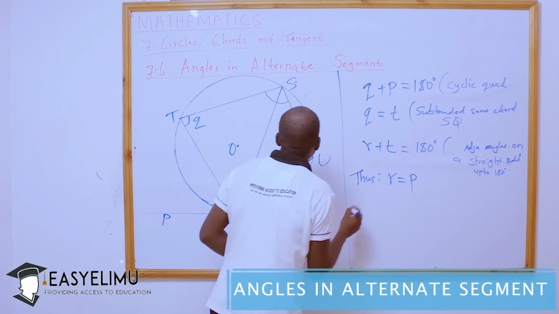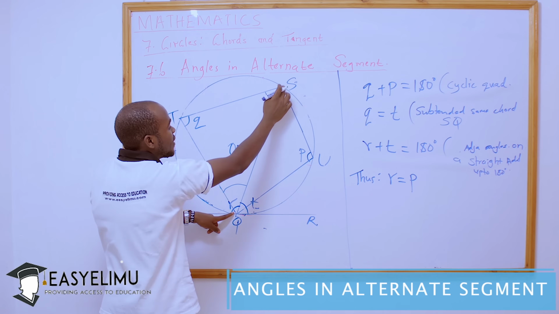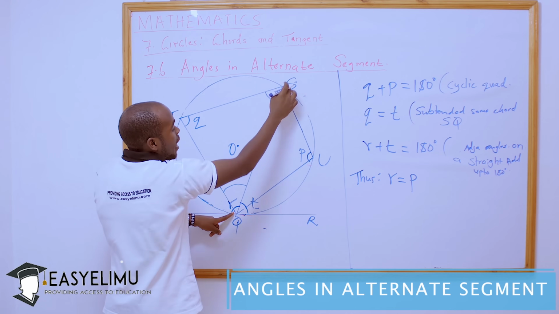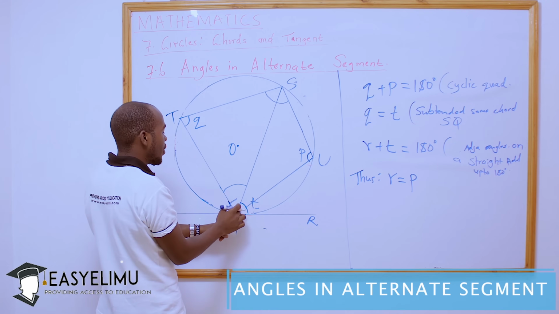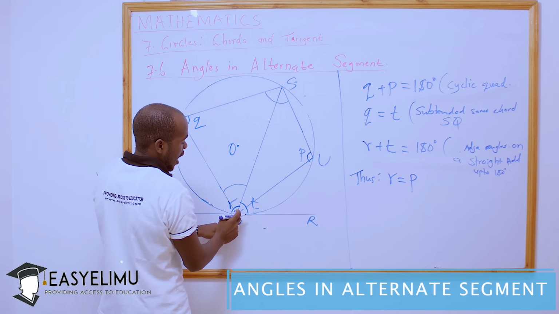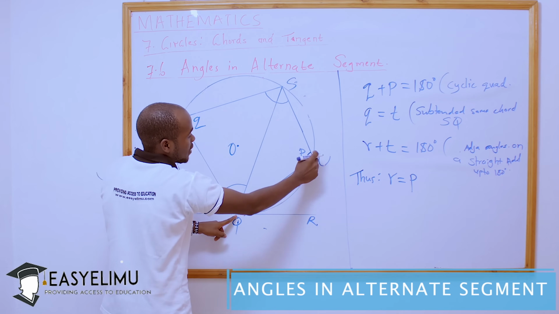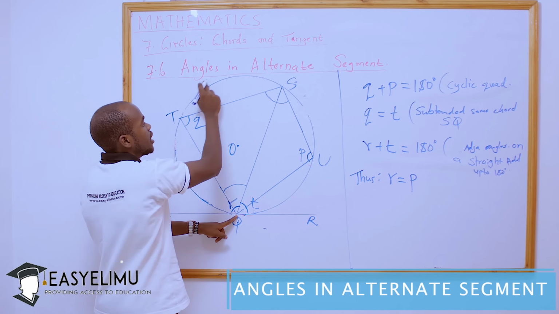And here, we are saying that they are subtended by the same chord, which is SQ, or the same arc length, which is STQ. As you can see, angle P here is subtended by arc length QTS.